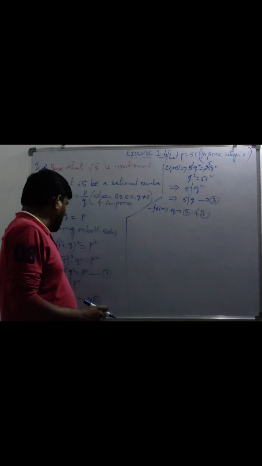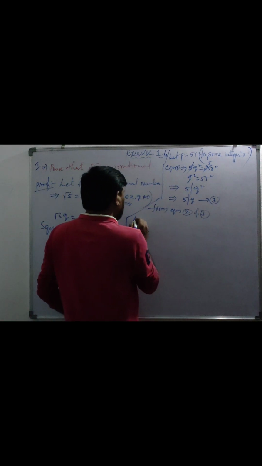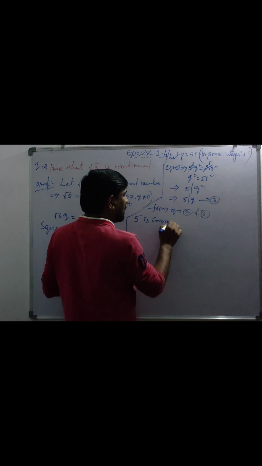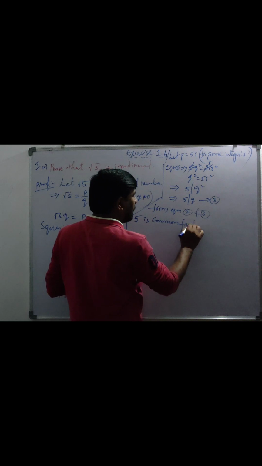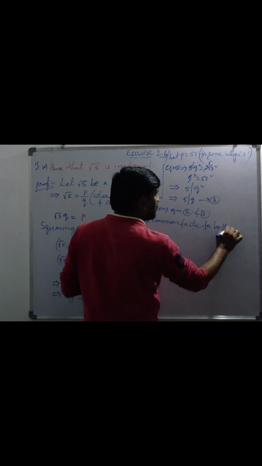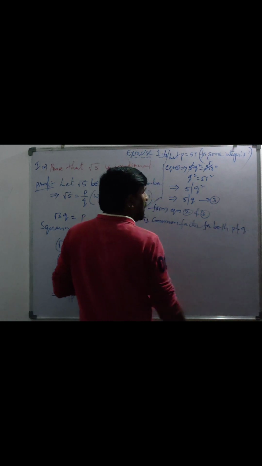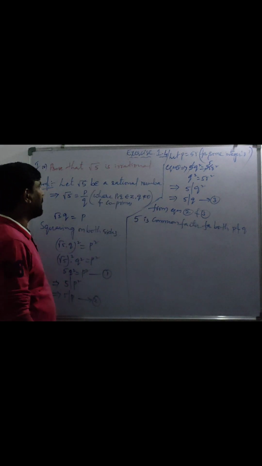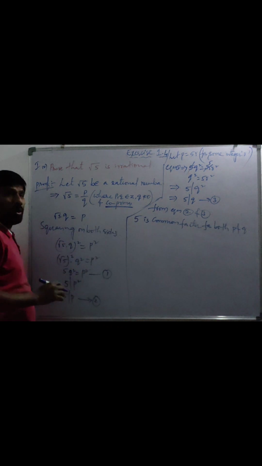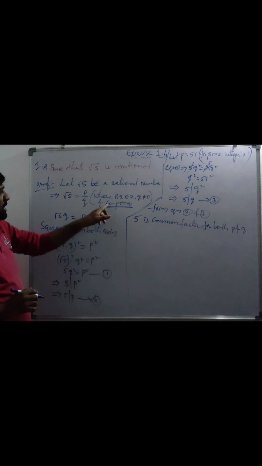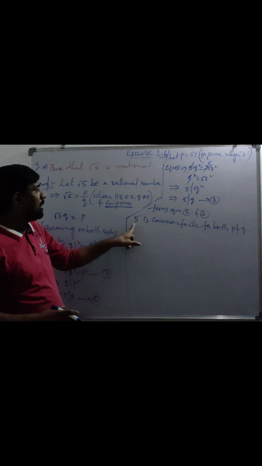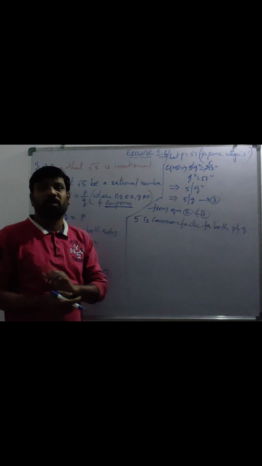Means 5 is a common factor for both p and q. Apart from 1, they have common factor 5. But what is p and q here? P and q should be co-primes. When they are co-prime, they should not have any common factor other than 1. But here we got 5 as a common factor for both p and q.